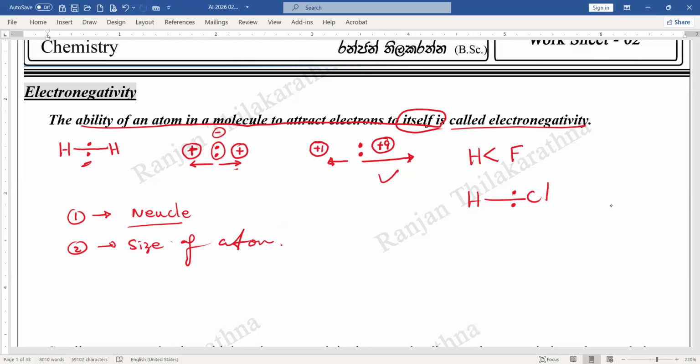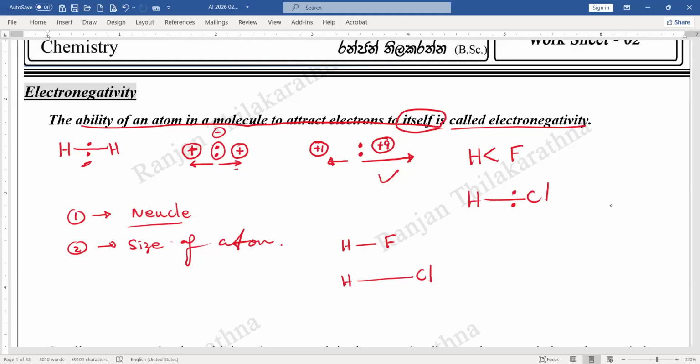But when the size is increasing, what will happen? See, if you have hydrogen and fluorine, fluorine is a smaller atom than chlorine in hydrogen and chlorine. Chlorine is a bigger atom. Therefore, the bond length is higher in the case of HCl than HF.